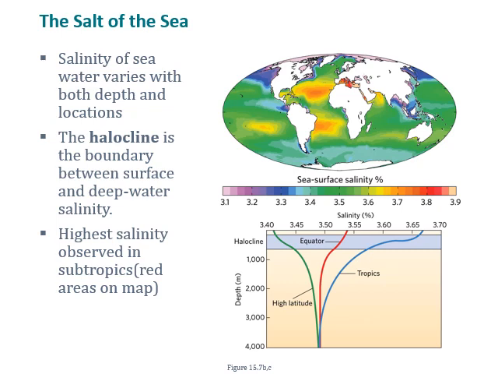So this map and graph show that seawater salinity changes not only with depth of the water, but also with latitude. At high latitudes, we have low salinity at the surface and higher at the bottom.